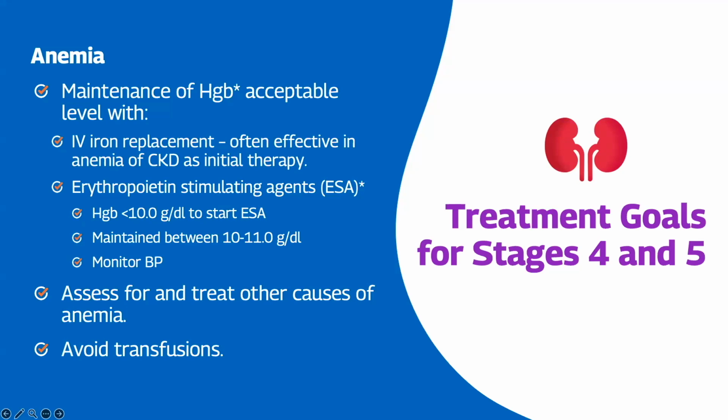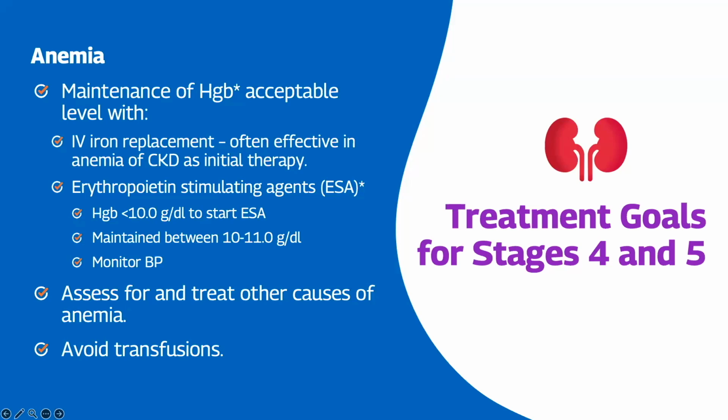ESAs should not be used to intentionally increase the patient's hemoglobin concentration above 11.5. Also, ESA therapy is not recommended in those with active malignancy or a recent history of malignancy due to the FDA's black box alert.